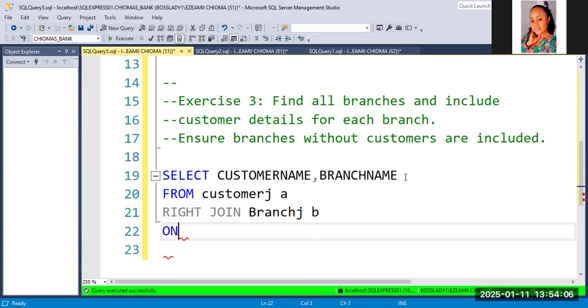We still join them on A dot branch ID equals B dot branch ID. Okay, so let's run this.